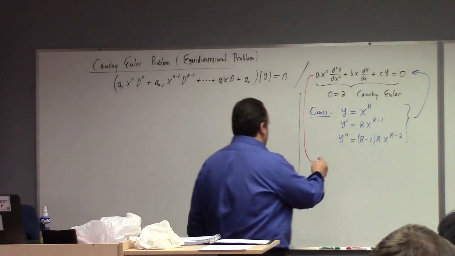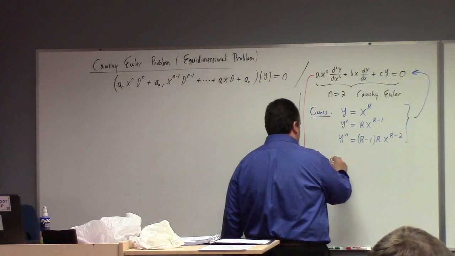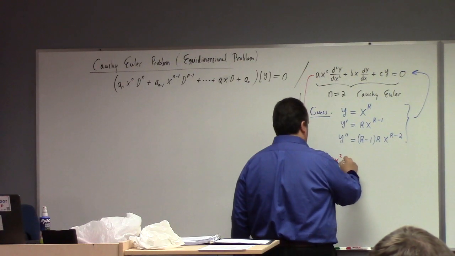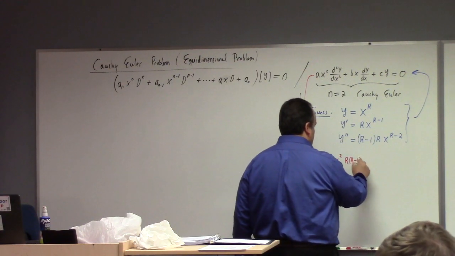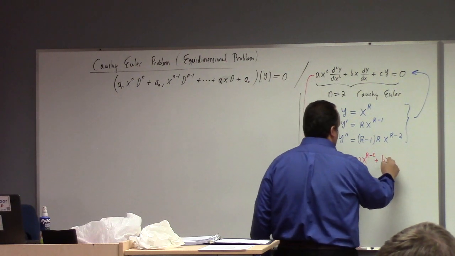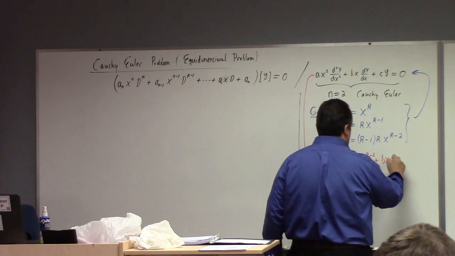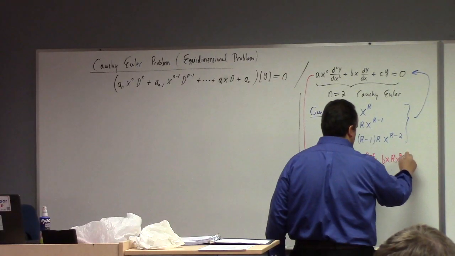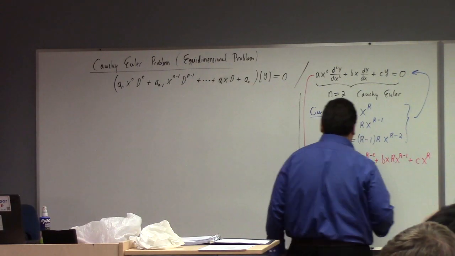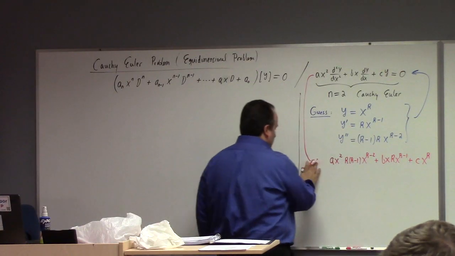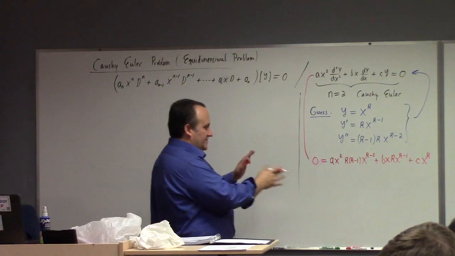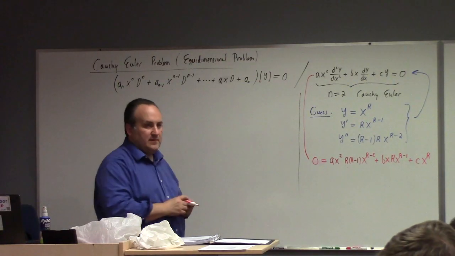We have a x squared R times R minus 1 x to the R minus 2, plus b x R x to the R minus 1, plus c x to the R. We'd like that to be equal to 0. Do you notice what happens here?